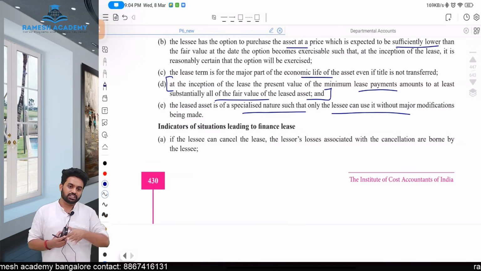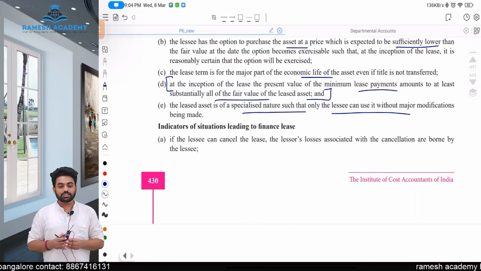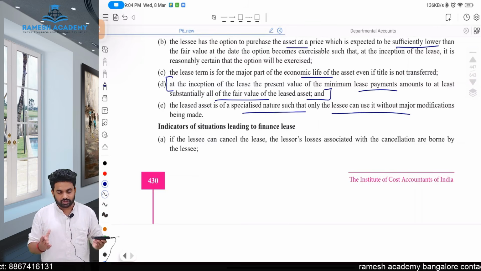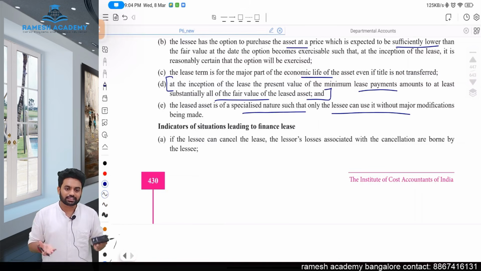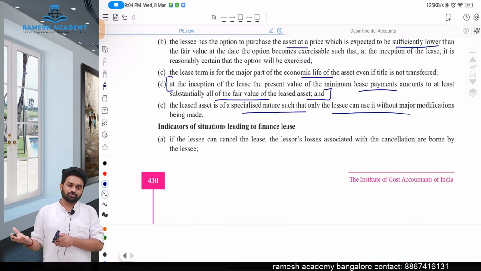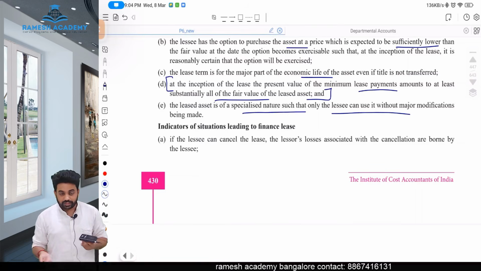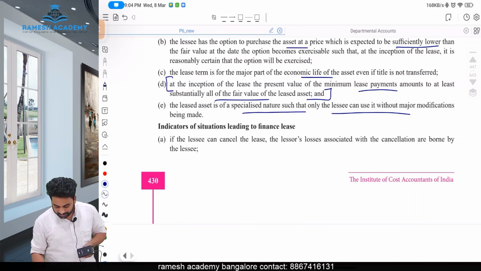They will say first repaint it, later change the seat covers, later you pay us, which means substantial money and substantial modification are involved to sell the asset to someone else. Then what he will do, he will ask the RCB people to purchase it after a certain period. So again, when you give an option to purchase, of course it will become a finance lease.